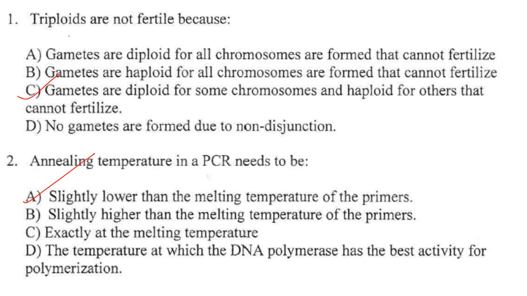If the annealing temperature is too low, non-specific binding of the primer to the template can occur, and it can even result in the formation of primer dimers. So the annealing temperature has to be slightly lower than the melting temperature of the primers. So the answer is option A.